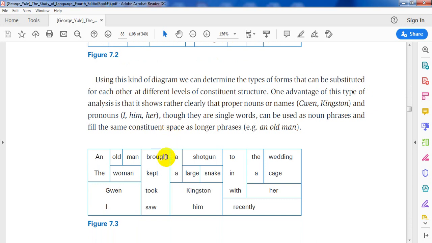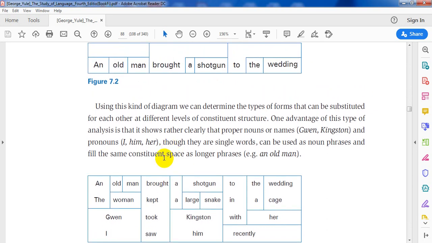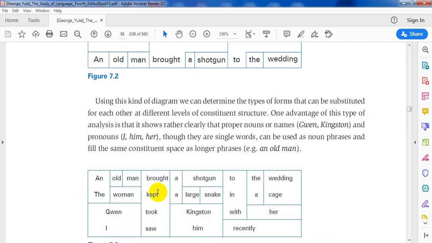As we can see here, the other diagram is similar to this diagram, but we can see the items that can fill the same level. For example, the old man, or Gwyn, or I can fill the same position, or the woman can fill the same position. Here we have the verb brought, and we can fill in similar verbs: brought, kept, took. A shotgun, a large snake, Kingston, him.